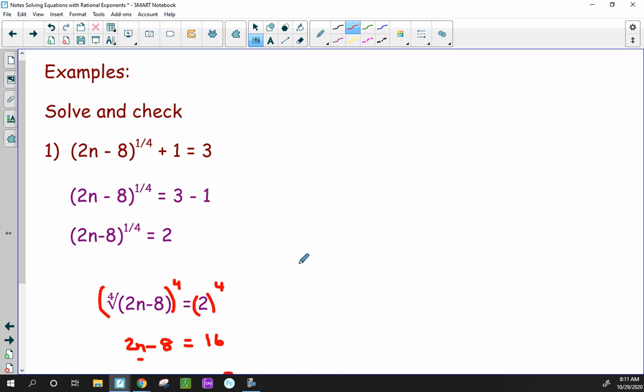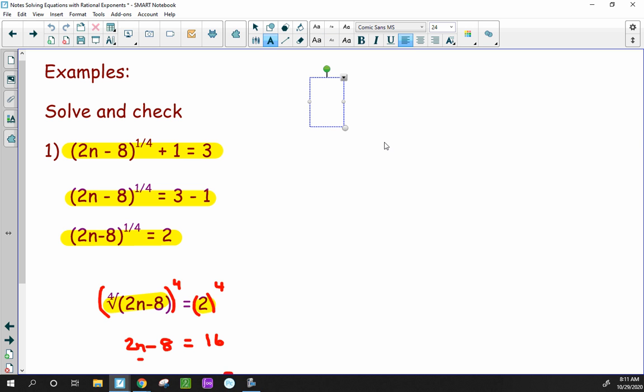Okay, so we got 12. When we check it, just to review from the past, you can check it in any radical or fraction power equation you have. So that step, this step, this step, or actually even this one. That's your choice. Okay, so we'll do a check to the side.